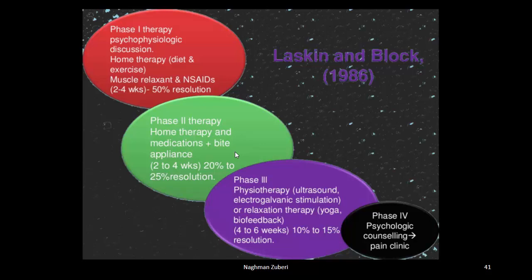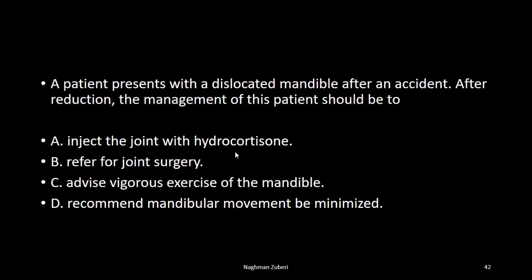In phase 3, there will be physiotherapy, including ultrasound, electrogalvanic stimulation, etc. And it is all for 4 to 6 weeks. 10 to 15% of patients will be treated. The rest of the patients have to go through psychological counseling and attend the pain clinics.